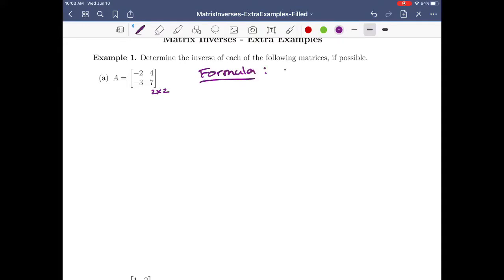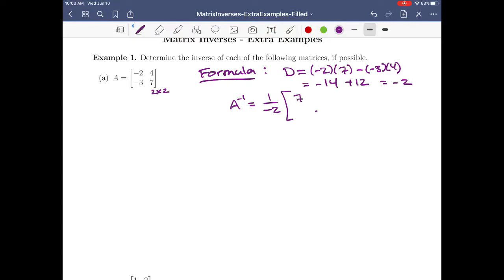So we'd first want to start by computing capital D, which is -2 times 7 minus -3 times 4. So that's -14 plus 12, so -2. And then A inverse is going to be 1 over capital D, and then times the matrix where we switch the main diagonal. So the 7 and the -2 switch, and we negate the other entries, but leave them in their same spots.